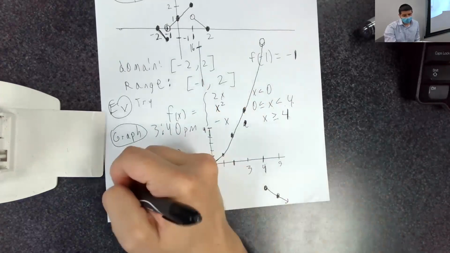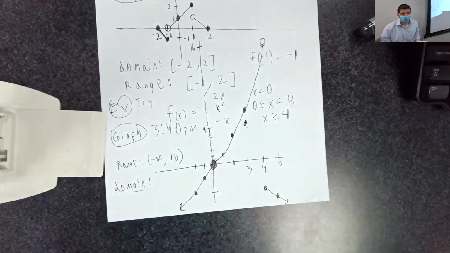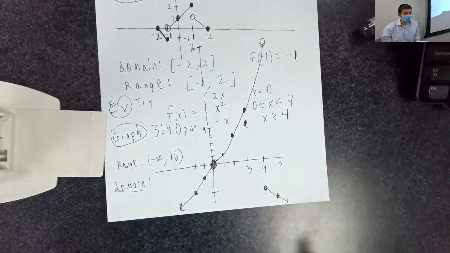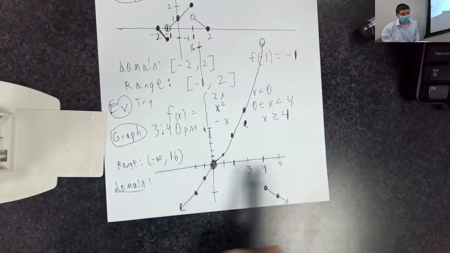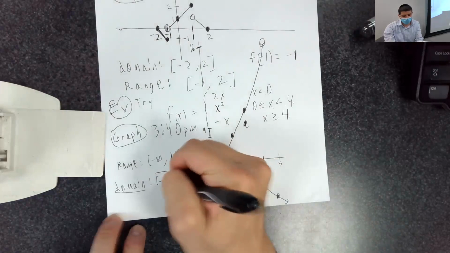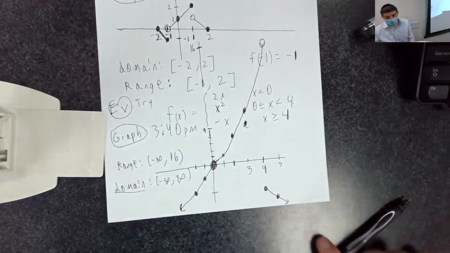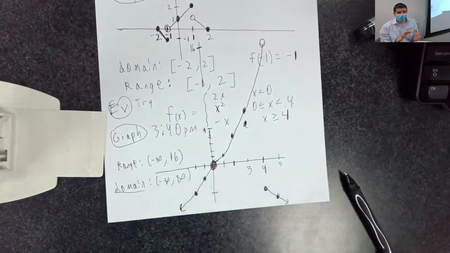Good. And what about the domain? All numbers, right? Every single x value is getting plugged in somewhere. Negative infinity to infinity. WebAssign will let you even write the word infinity. I think if you start typing infinity, it'll fill it in with the symbol.